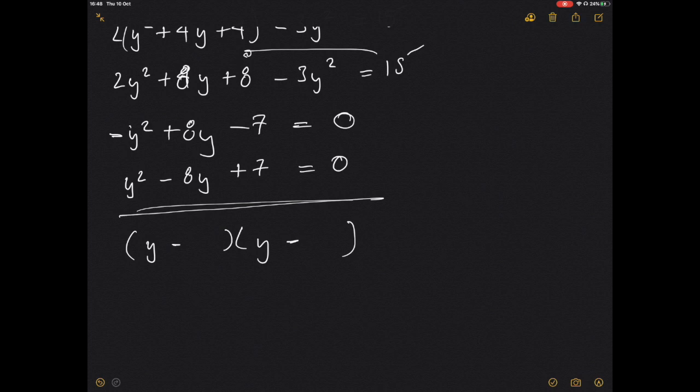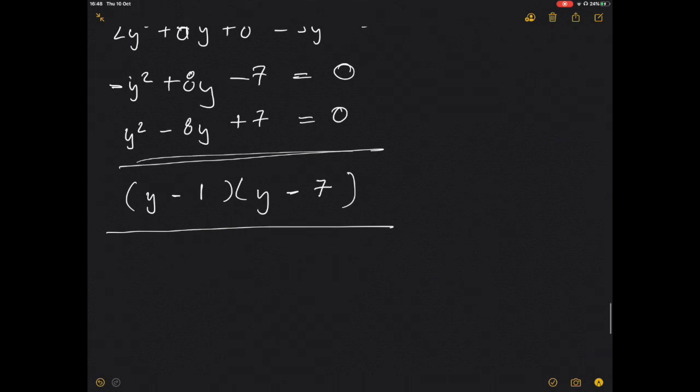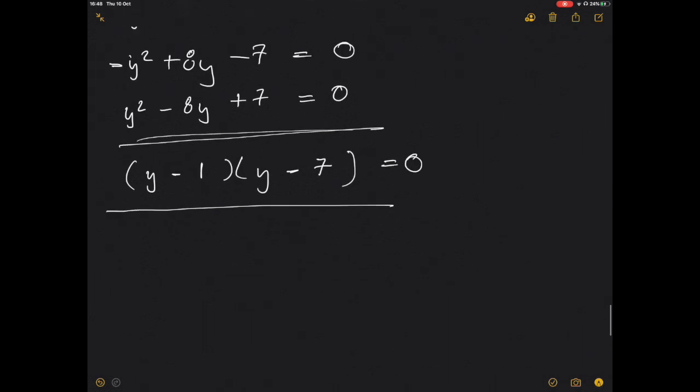We need two values that, when added together, equal 8, and when multiplied together equal 7. So that would have to be 1 and 7. So this means we now have two values for y. We could say that y equals plus 1, or y equals plus 7.